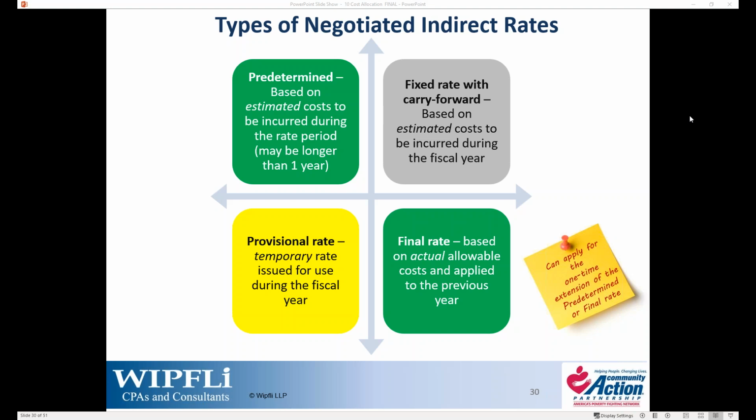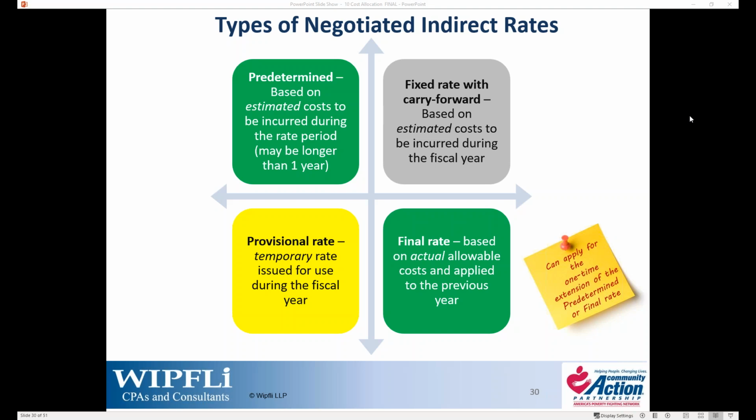What most not-for-profits get is a provisional rate. So it's a temporary rate based on the information that you submitted when you negotiated your rate. Well, when you get a provisional rate, it has to be finaled at the end of the year. So you have to look to see what was the actual rate. And the challenge using a provisional rate is they may give you a provisional rate of, for example, 20%.